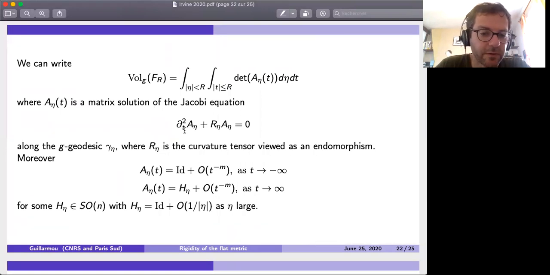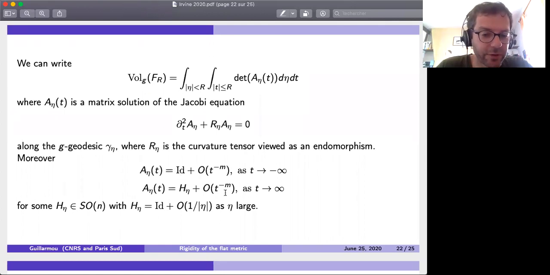So it solves the Jacobi ODE, dt squared A of eta plus R of eta A of eta equals 0, and R of eta is the curvature tensor contracted with the geodesic tangent vector. It's viewed as an endomorphism, so it's really an ODE. Using what we know about our geodesic flow and the fact that we have the same scattering map, we can show that A of eta, when t goes to minus infinity, is going to approach the identity.